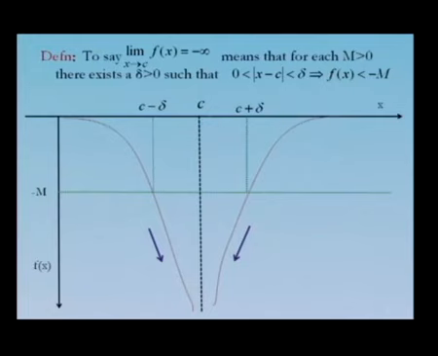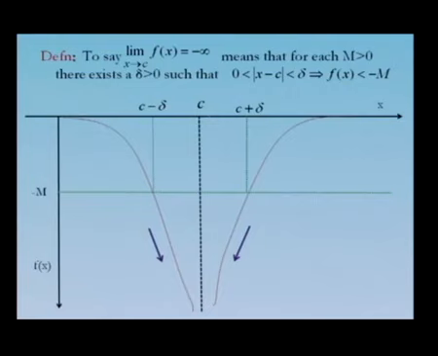Corresponding to this m, we get a delta such that if x lies in the interval c minus delta to c plus delta excluding c, then f(x) are below minus m.